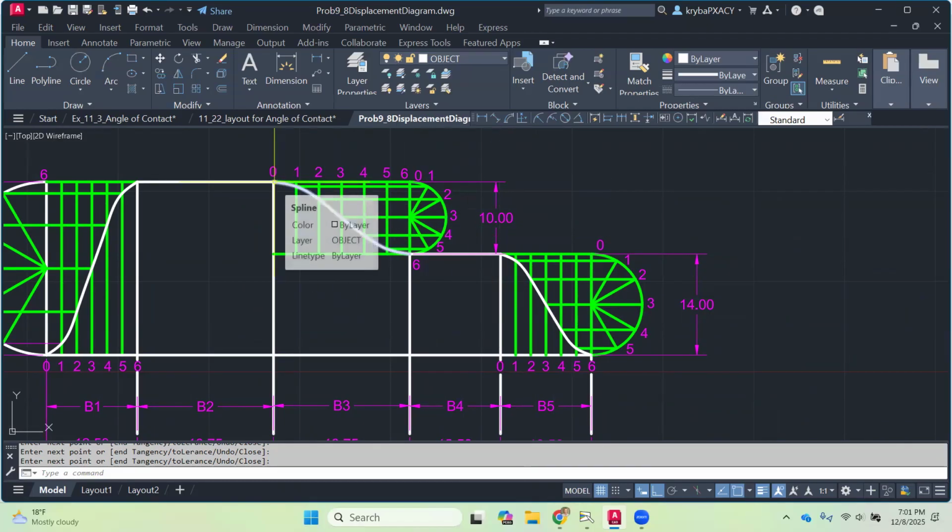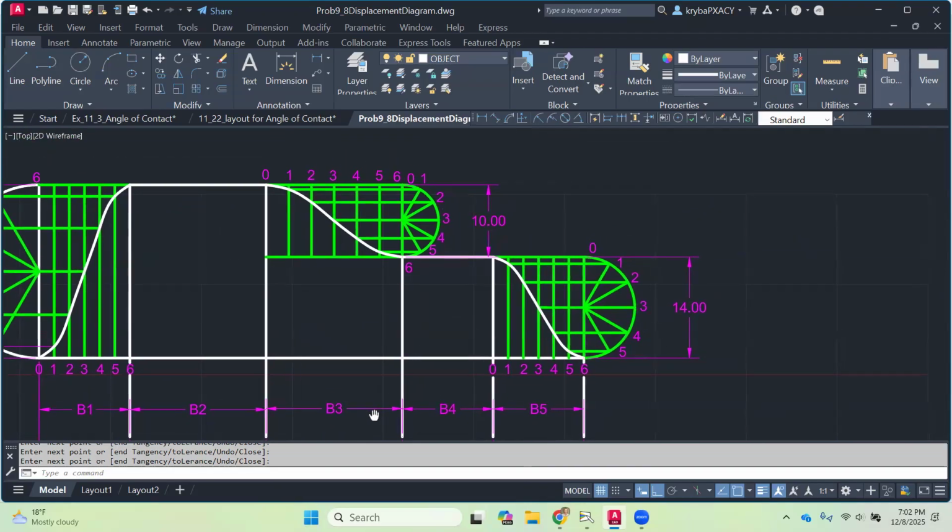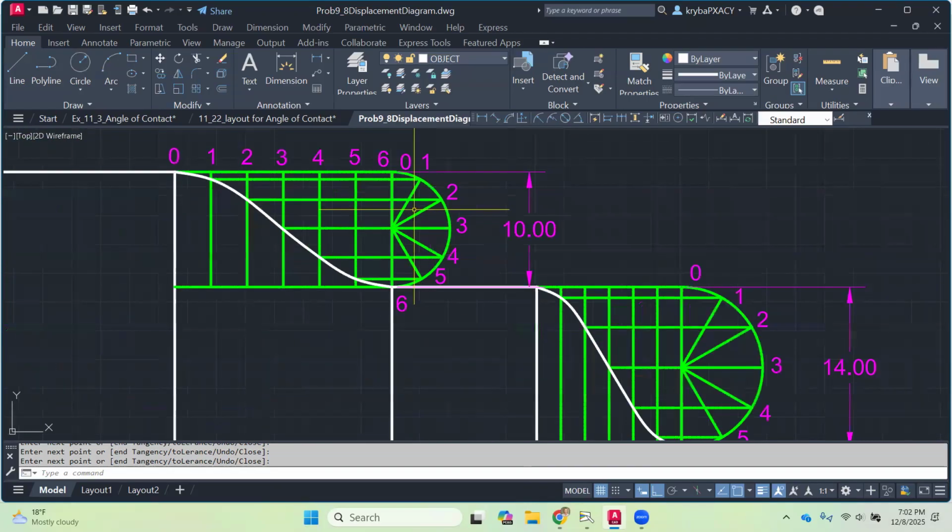So now I'm going to be going this way to the right, my first one is going to be my 0, 1, 2, 3, 4, 5, 6, but now my divisions are over 90 degrees. Okay. So you're going to take 18.75 and you're going to divide by 6 to get your even increments. Then because this is a 10 millimeter height, your radius is going to be 5 millimeters for your circle.